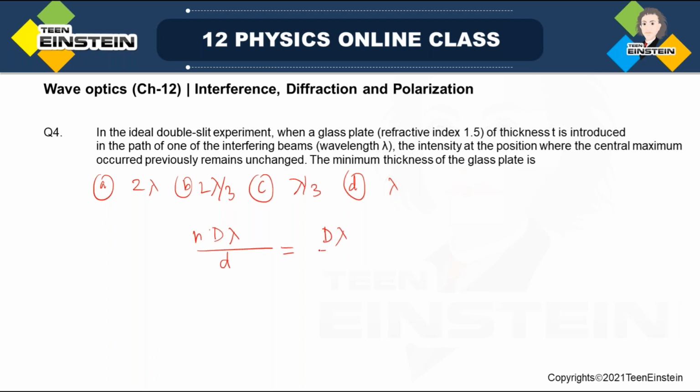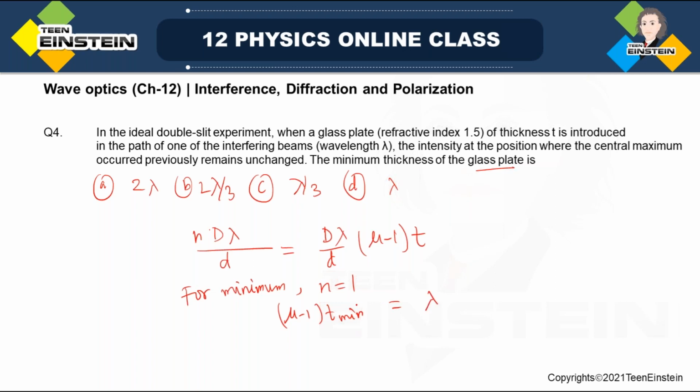So for minimum thickness we write n is equal to 1. Then mu minus 1 into t minimum is equal to lambda.